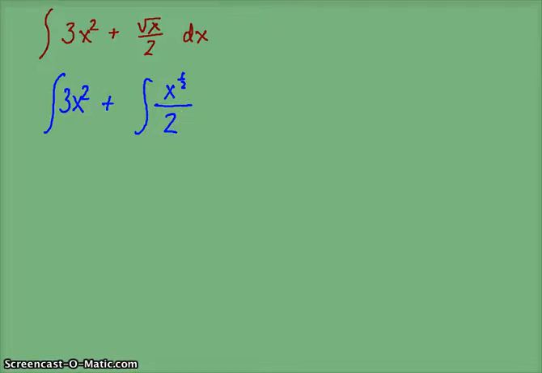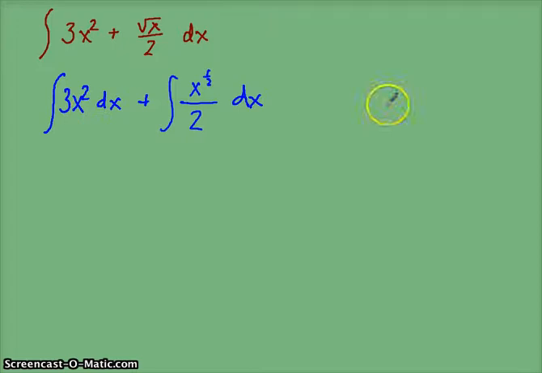I just told you about the dx, and I did not put it. It's very important. dx plus dx. Now, it's not multiply here. It's just the notation. That's all it is.